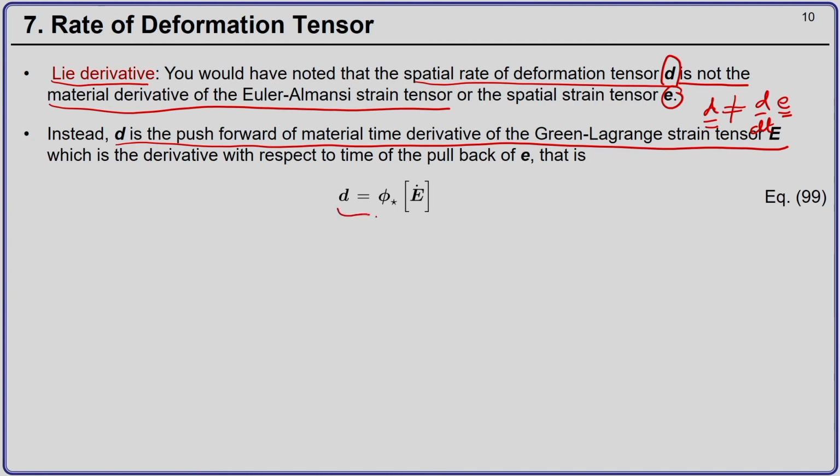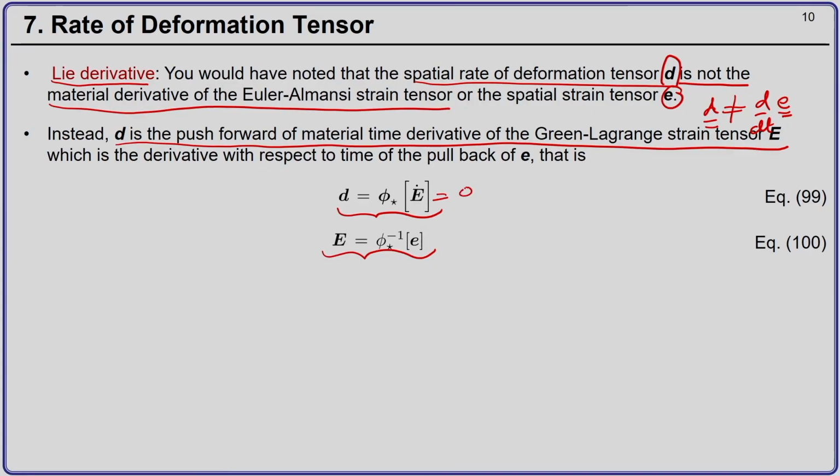So, D is nothing but the push forward of the rate of Green-Lagrange strain tensor, okay, that we saw in the previous slides. Also, the Green-Lagrange strain tensor is nothing but the pullback of the Euler-Almansi strain tensor. Okay. This we saw when we were discussing Green-Lagrange and Euler-Almansi strain tensors. Now, I can write this as phi star d by dt of E. Okay. And what is E?